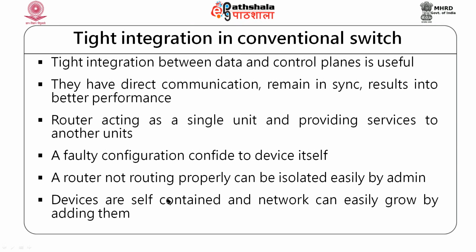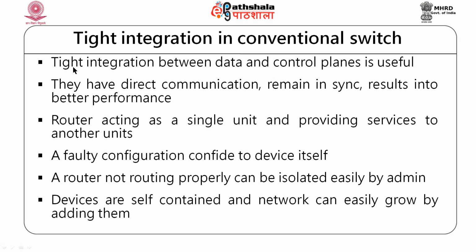Okay. This tight integration in a conventional switch means that both the data and control plane are together. Remember, the data plane is the forwarding part, the control plane by default is the routing part, but it can even be the packet classification process. In packet classification, the control plane decides how packets should be classified, and the data plane processes incoming packets and decides how that process is done.